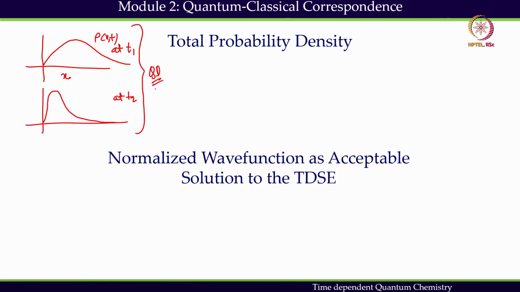Otherwise, if there is no change of the probability distribution as a function of time, then there is no effective or observable dynamics. We cannot observe that dynamics. So, in order to have what we call quantum dynamics, we need a change in probability distribution.